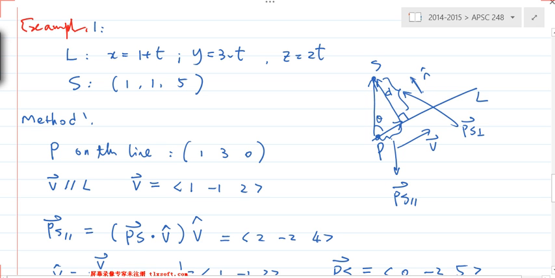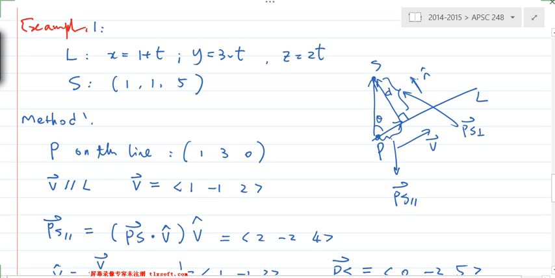Or in other words, if you look at this case geometrically, the vector n needs to be in the same plane determined by the line L and PS. If that constraint is applied, then that's the n we're looking for.